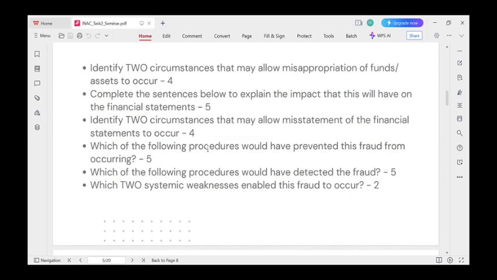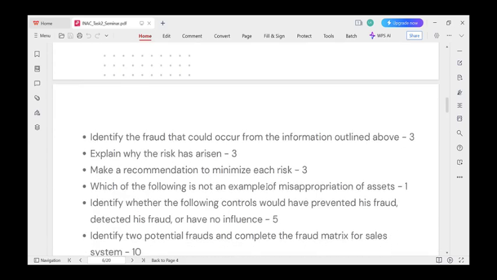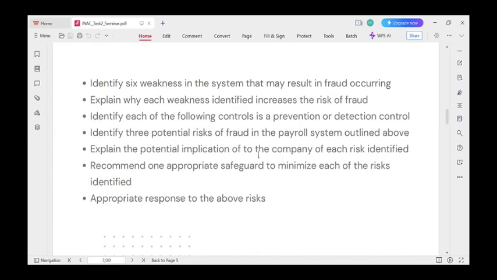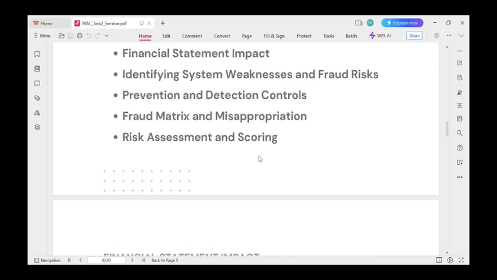Which of the following procedures would have prevented this fraud from occurring? Which of the following procedures would have detected the fraud? Again, systematic weaknesses enabled this fraud to occur, and then identify the fraud that could occur. All right. So this is how this question would be asked in the scenario. So we are going to talk about prevention and detection controls.